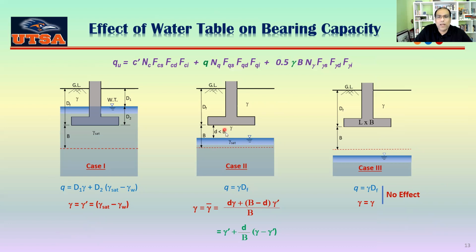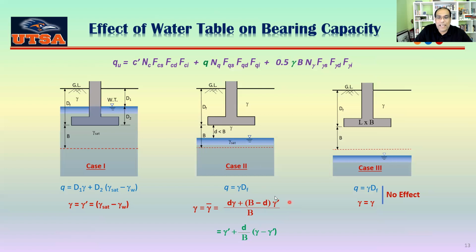But what about the gamma below the foundation? You can see from here to here, your gamma is just gamma, and from here to here, your gamma is your submerged gamma, right? So we just try to take the weighted average of these two. This distance from here to here is D, and this distance from here to here is B minus D, okay?